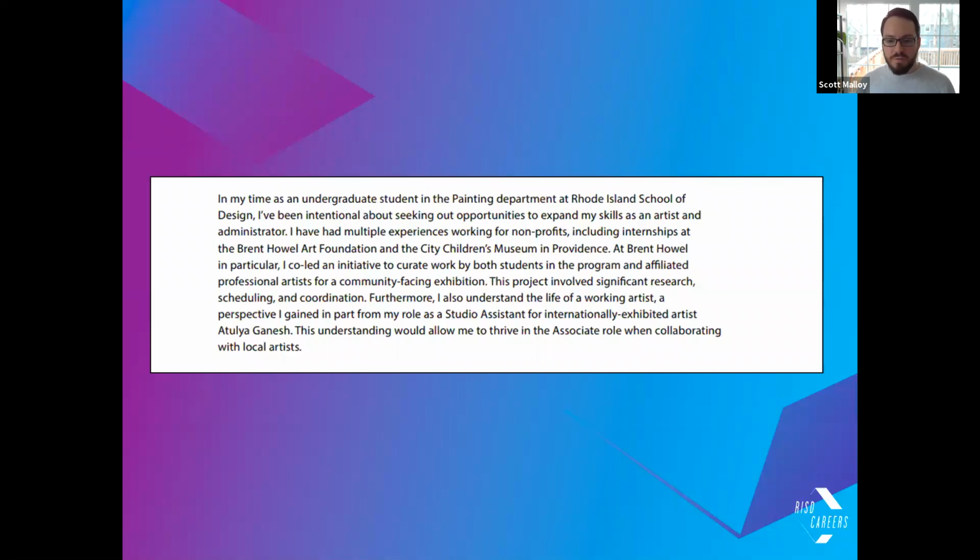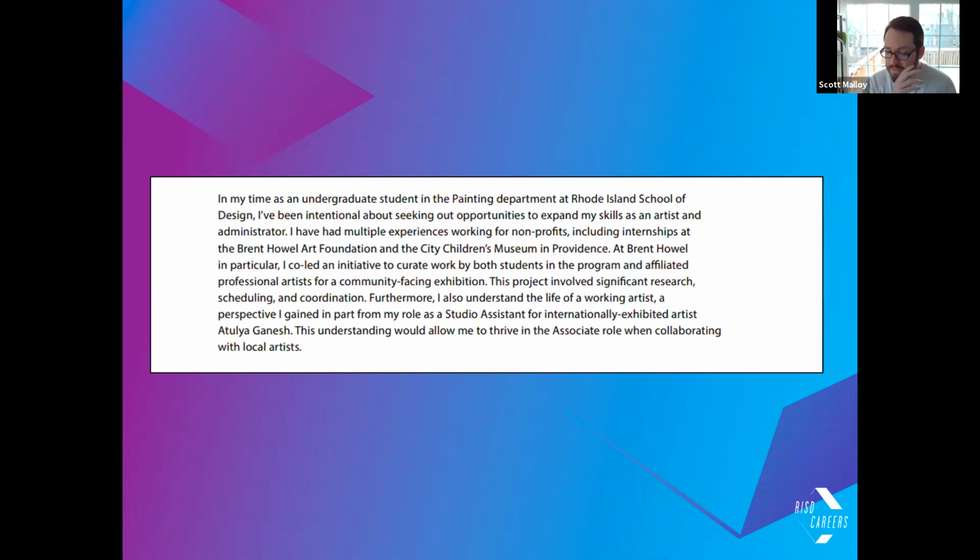This project involved significant research, scheduling, and coordination. Furthermore, I also understand the life of a working artist, a perspective I gained in part from my role as a studio assistant for internationally exhibited artist Atulya Ganesh. This understanding would allow me to thrive in the associate role when collaborating with local artists.